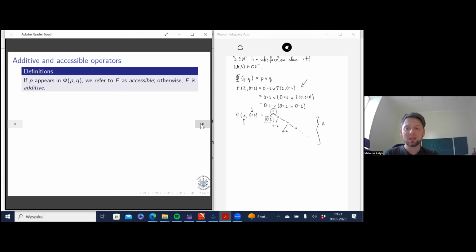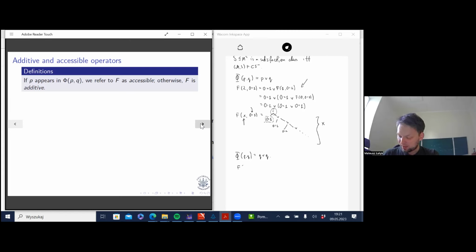This is unlike in the case where f is additive. So let me give you one more example, something which is not accessible, which is additive. Let me define phi of PQ as simply Q or Q. So how does it look?